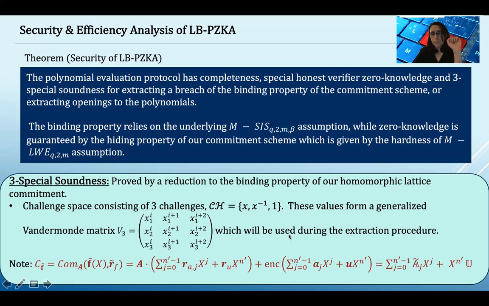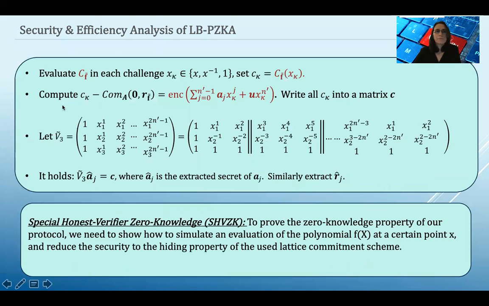And this Vandermonde matrix can be used during the extraction procedure. So the extractor can compute CF, which can be represented in this way. Then the extractor can evaluate the CF tilde in each of those challenges, x kappa, where kappa is running from 1 to 3. So there are 3 challenges.